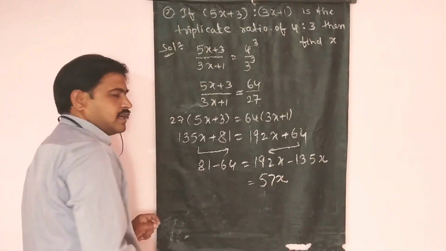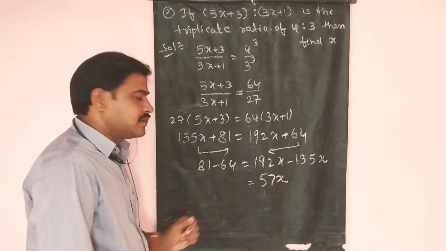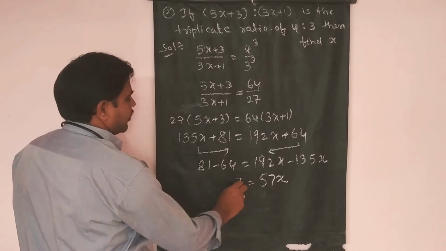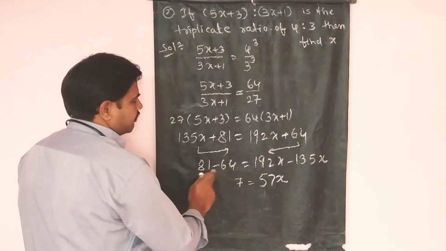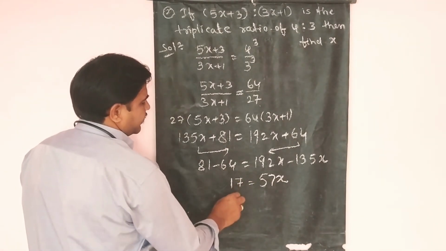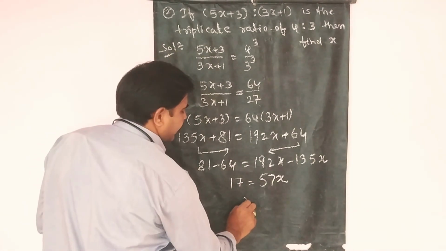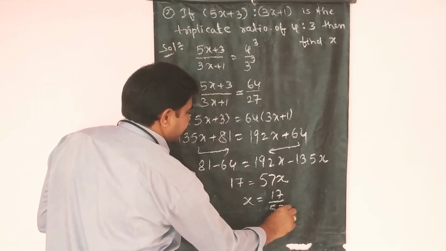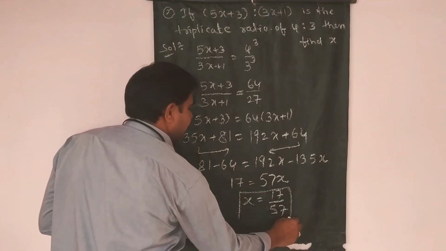And on the LHS side we have 81 minus 64 is 17. We need to find the x value. X is equal to 17 by 57 is the answer.